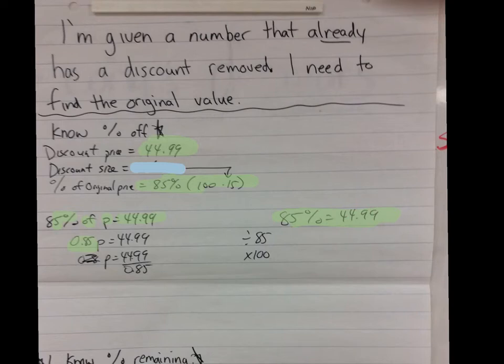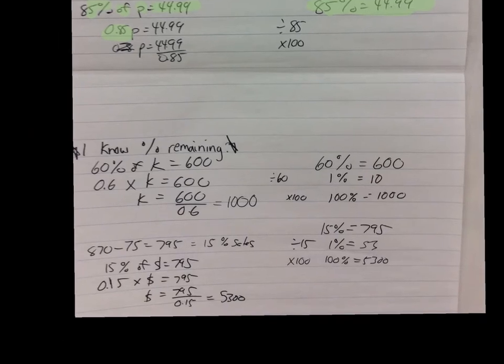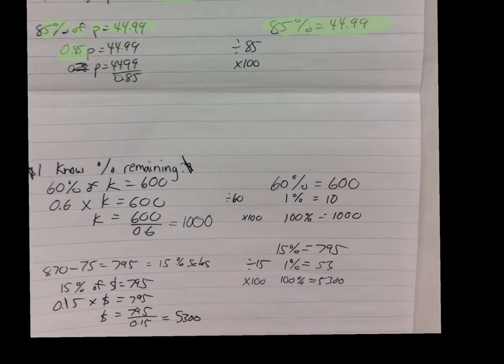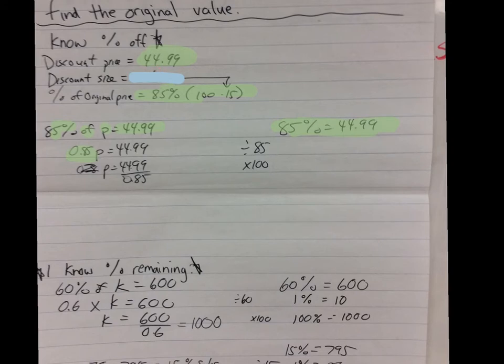So you can see we did something similar down here. The question in this one is phrased slightly differently, but you use the same methods, which is where you're told already that you know an amount that's remaining. So they're pretty much telling you that 60% of something is this. Whereas before you kind of had to figure it out. Up here you were told you had 15% off, and so you had to figure out that 85% was something. For other questions, they're just going to tell you that already.